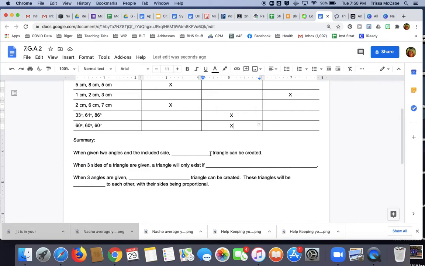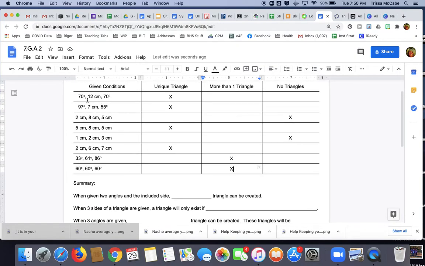Okay, so with that, let's go over here and look at the first one. When given two angles and the included side, these are the first two examples that we had. So anytime I had a given side with two angles on either side of it, what kind of triangle can be created?